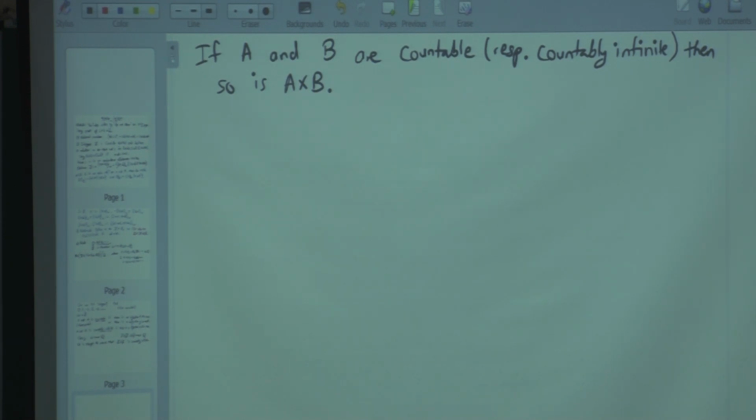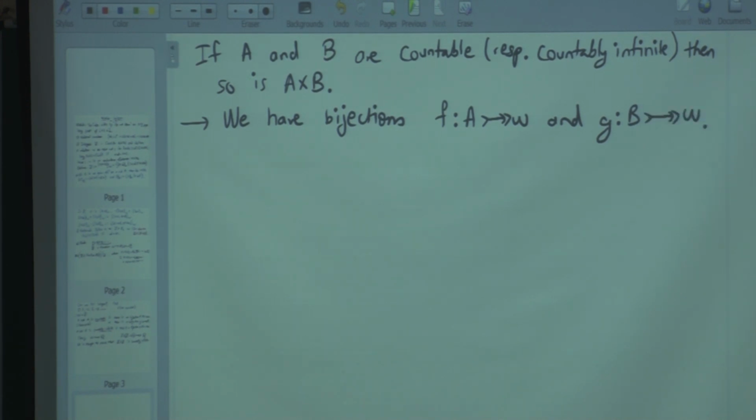Okay, how do we do this? Well, in this case, we always have bijections f from A to omega and g from B to omega. So what is a bijection?